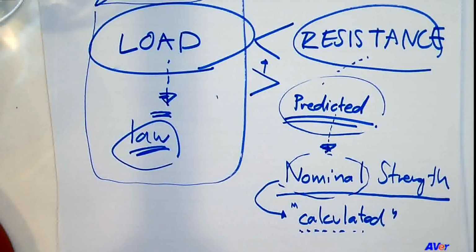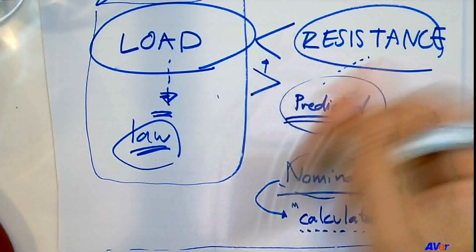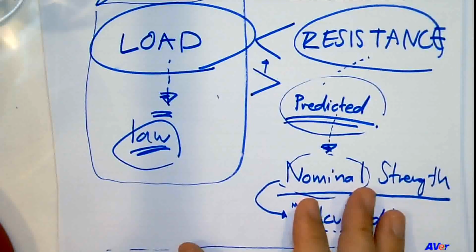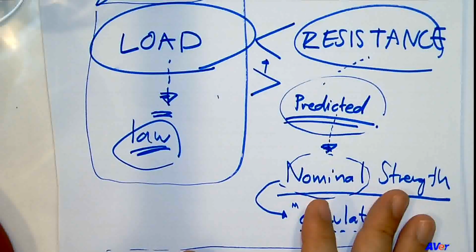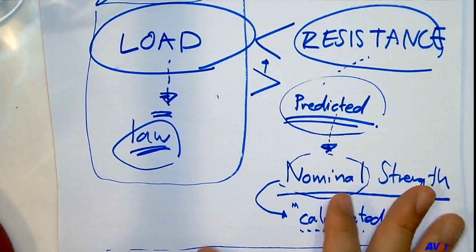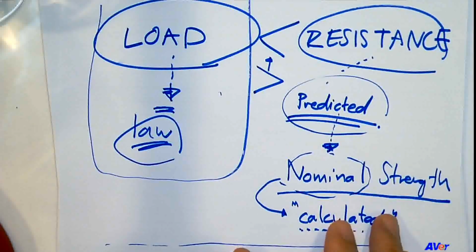So there are so many uncertainties on both sides. And before we really tell if our structure is going to be safe, we need to incorporate those uncertainties into our calculation or our prediction or our approximation. Okay? That is engineering, ladies and gentlemen. We approximate things to our best abilities.